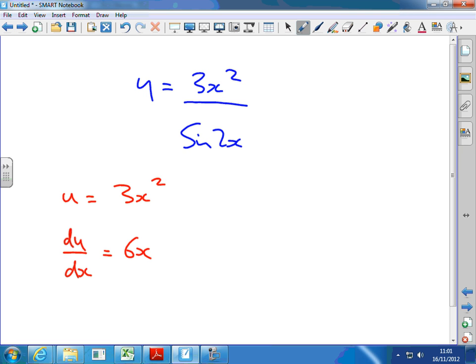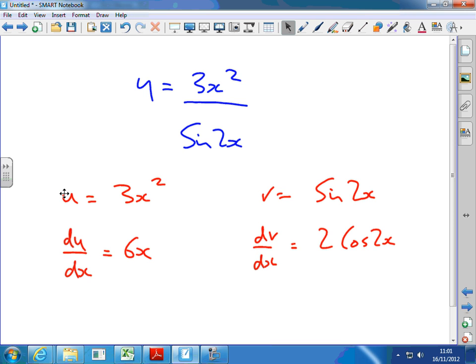And then you're going to write down what v is, sine 2x. The beauty of these rules is that once you've done one or two, the method is always the same. This is exactly what you do each time. What's v? Sine 2x. What's the differential of v? 2 times the cosine of 2x. Sometimes they're not, as I've said before, quite such straightforward things to differentiate, but in this case it is.